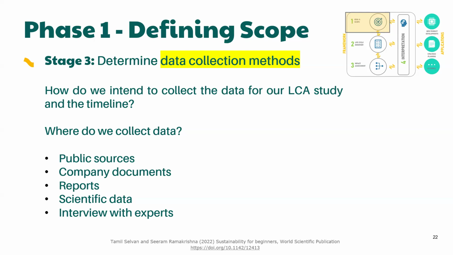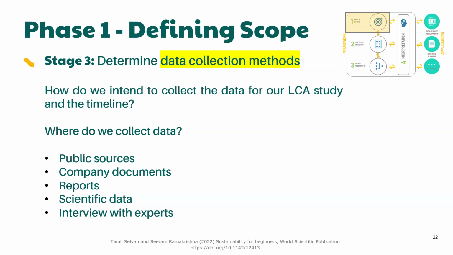To conduct an LCA study, you need to quantify these materials in kilograms, liters, pounds, etc. You can collect this information from public sources, databases, company documents, scientific data, and interviewing experts, and you can precisely calculate all this information and input this data into the system to conduct your life cycle assessment.